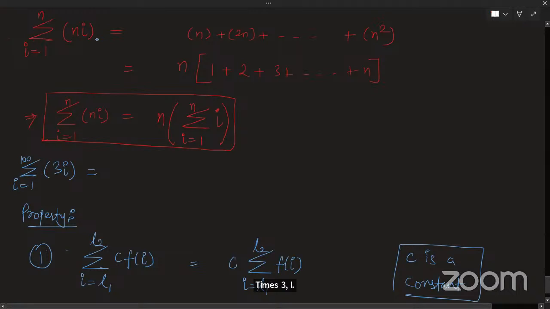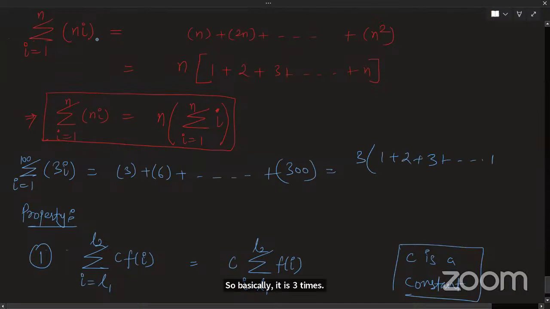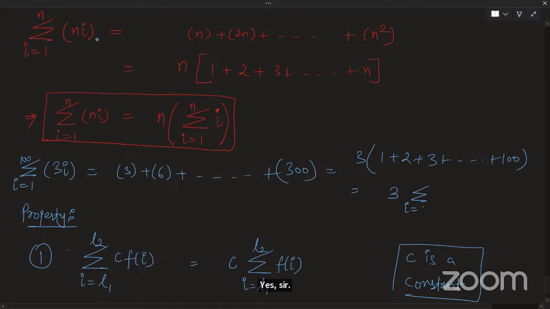What am I basically asking you? It is 3 plus 6 plus 9 plus, and so on till 300, right? So basically it is 3 times 1 plus 2 plus 3, and so on till 100, right? So this can be written as 3 sigma i equal to 1 to 100 of i, right?